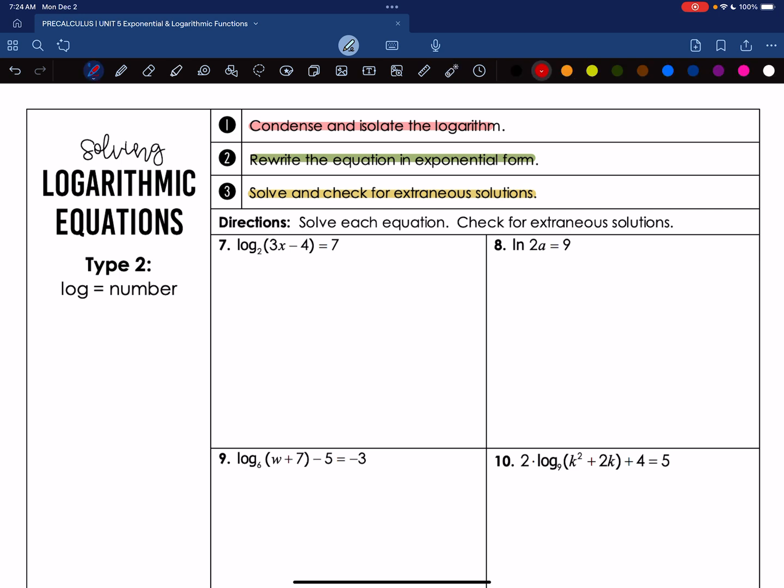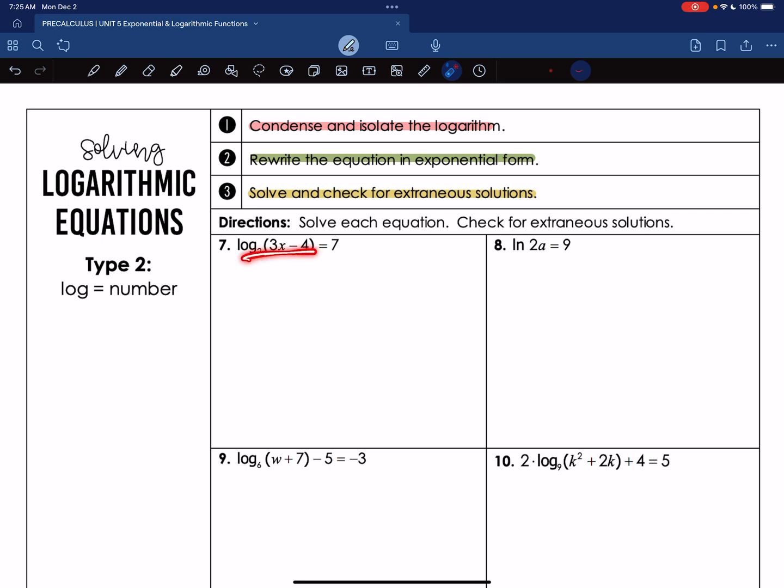So let's go ahead and begin with our example 7 here. We're going to follow these 3 steps in order to solve this type 2 log equation. Step number 1 is to condense and isolate our logarithm. Well, we have been practicing that condensing procedure and now are working towards mastery at it.